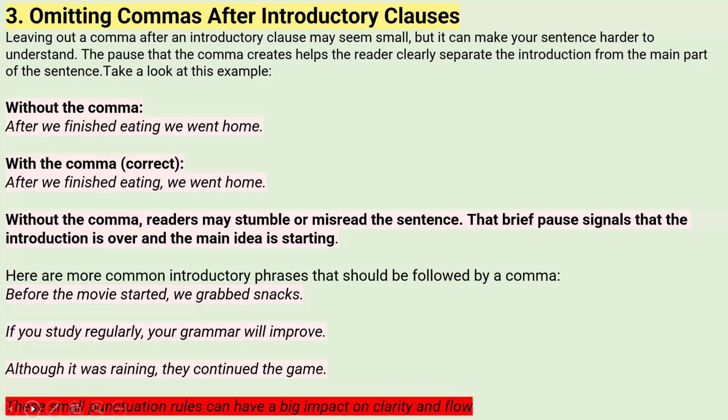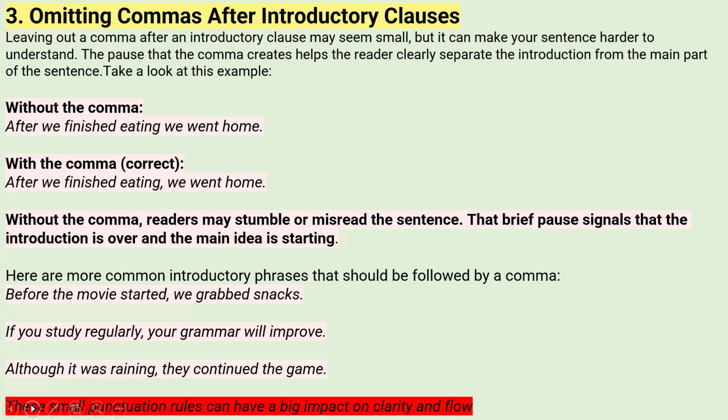Omitting commas after introductory clauses. Without the comma and with the comma, which we have learned in the previous slide also: after we finished eating we went home. The correct sentence is: after we finished eating, comma, we went home, because we use the dependent clause at the beginning of the sentence. Without the comma, it will give an unclear meaning, not a proper meaning.